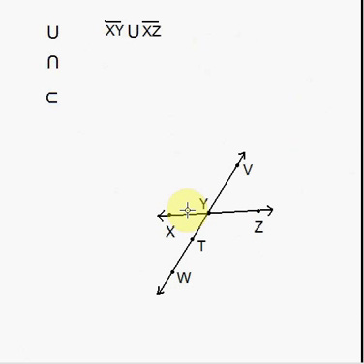Here is XY, the line segment XY, and the line segment XZ. So the union of that would be still the line segment XZ, because that is what it is put together.